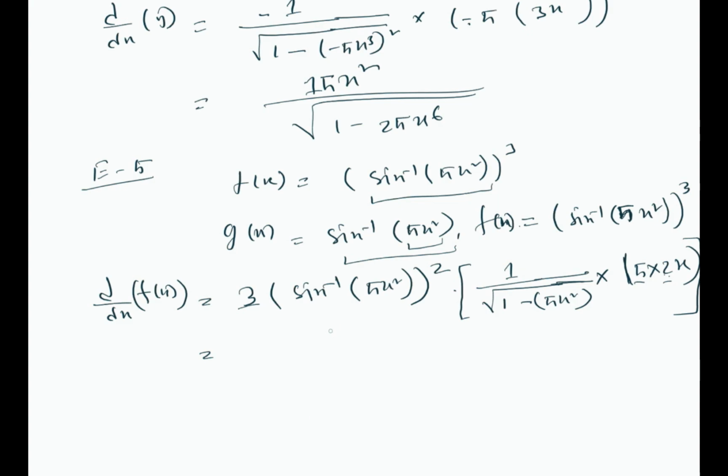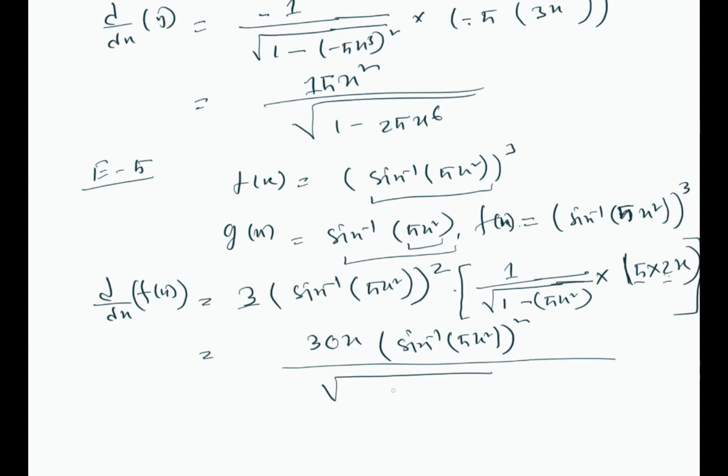This is 30, right? So 30x. Then we can write inverse sine of 5x squared all to the power 2, divided by the square root of 1 minus 25x to the power 4, and this is our final answer.